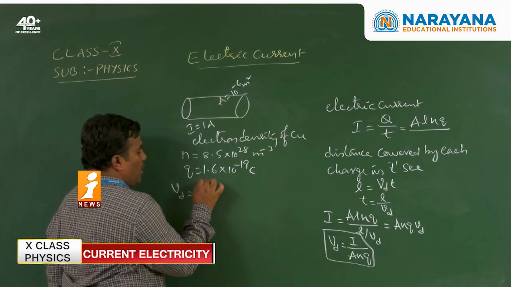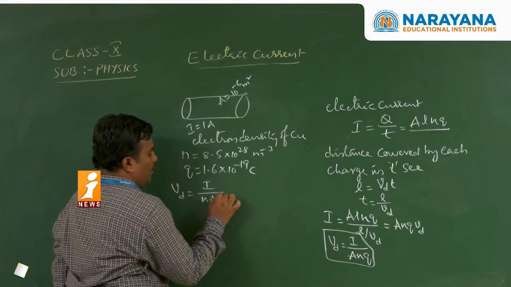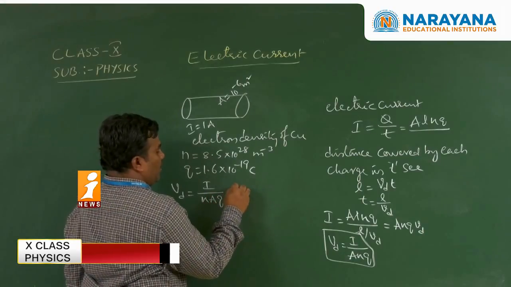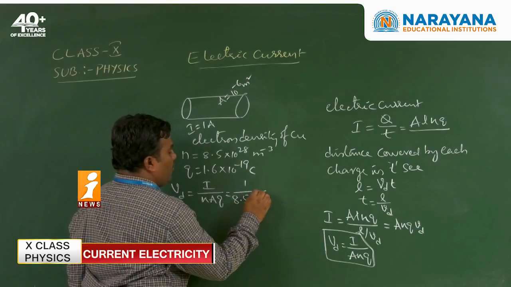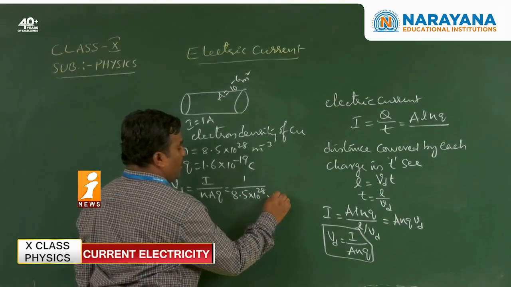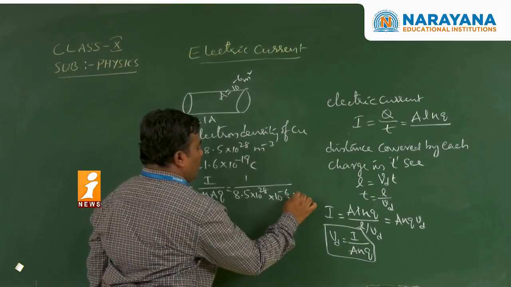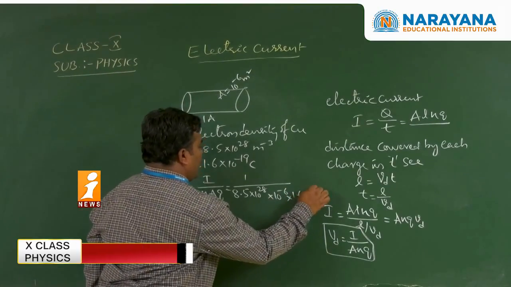So Vd is equal to I by N A Q. I is 1 ampere, N is 8.5 into 10 to the power of 28, area is 10 to the power of minus 6, and charge is 1.6 into 10 to the power of minus 19.